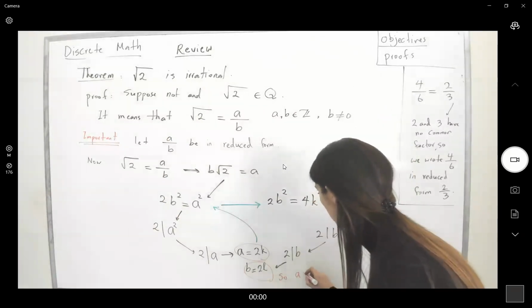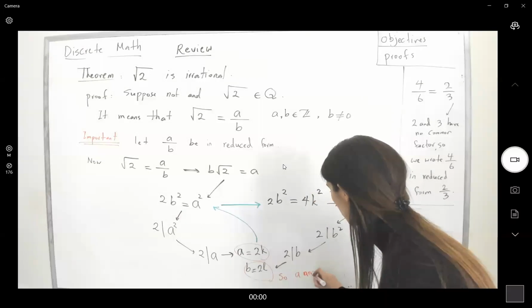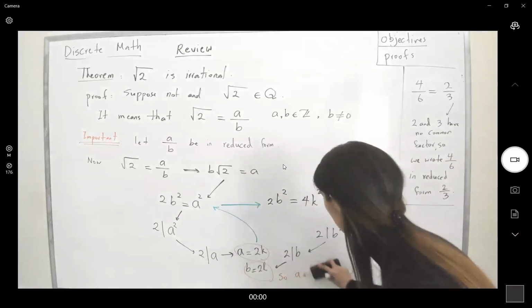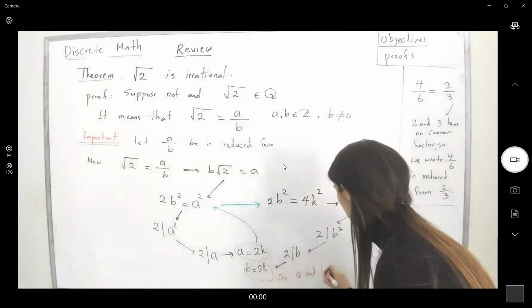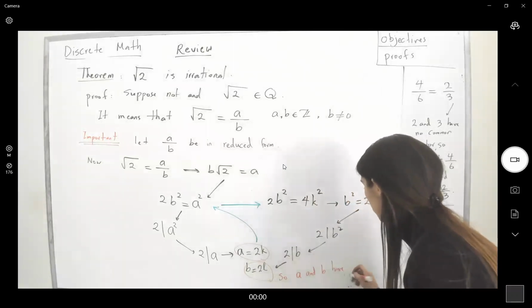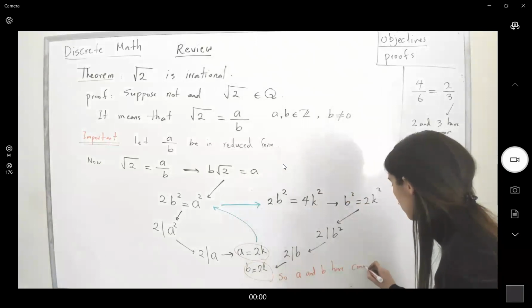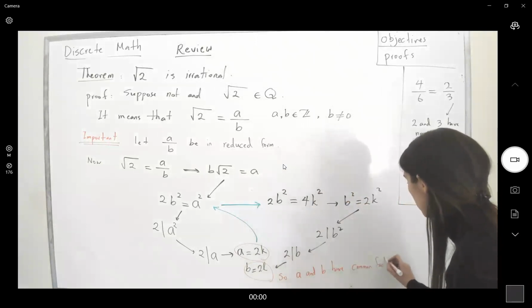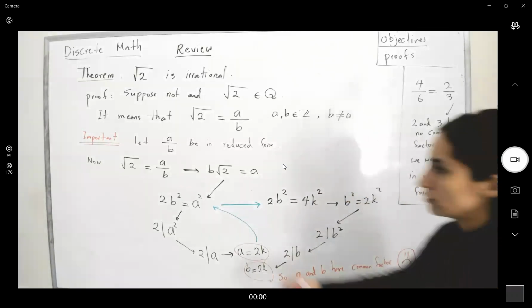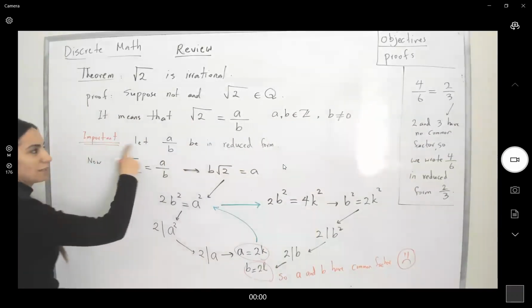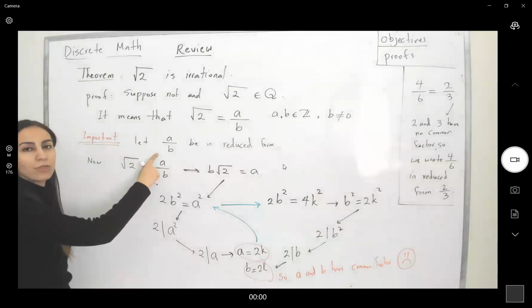So A and B have common factor. But we assume that A and B have no common factor.